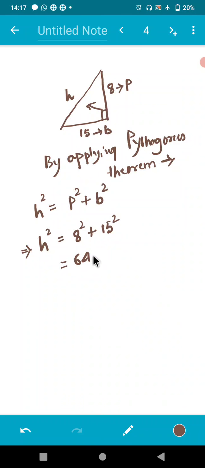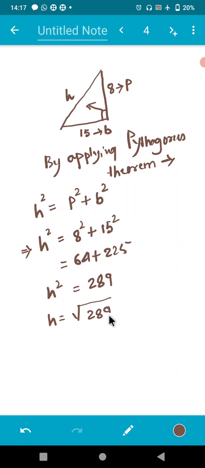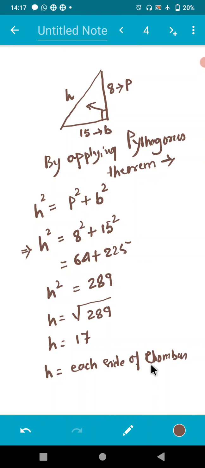So that is 64 plus 225, 289. Now h is equal to the square root of 289, and the square root of 289 is 17. So h is equal to each side of the rhombus. So each side of the rhombus is equal to 17.